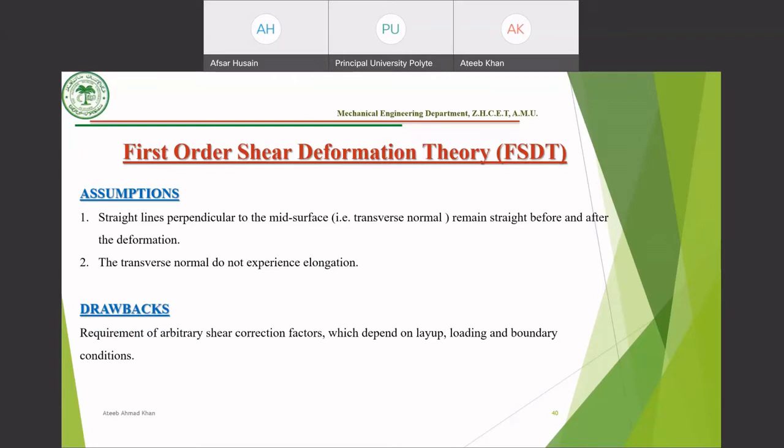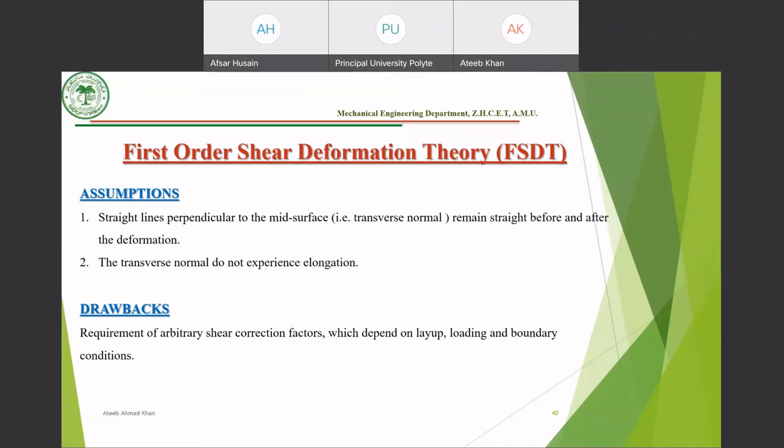But the assumption which is relaxed in this case is that your transverse normal remains perpendicular to the mid surface before and after bending. This is not the case in first order shear deformation theory.